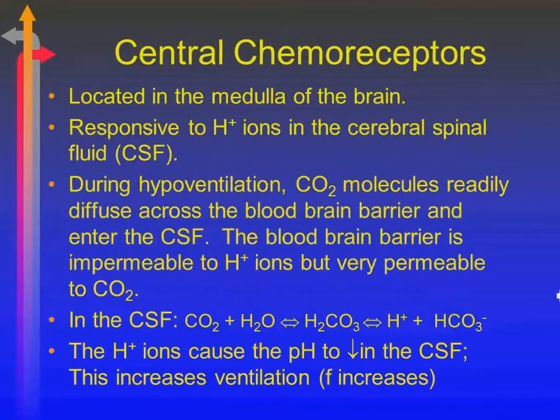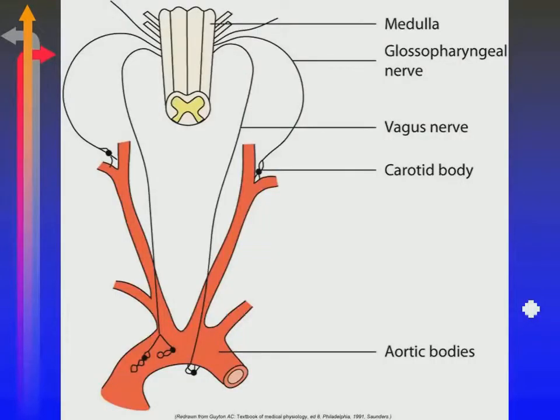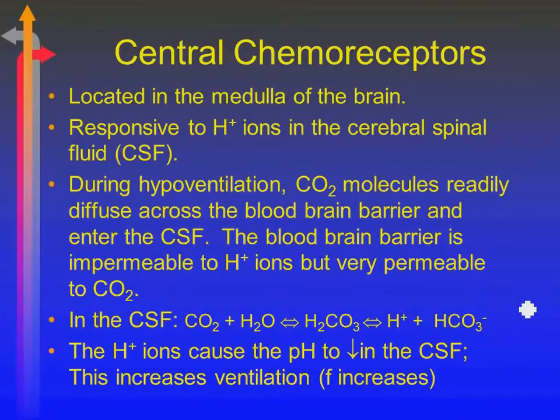Okay. So we talked about those peripheral chemoreceptors previously, and I'll come back and talk about them in a half a second. But there are some chemoreceptors that are in the medulla oblongata, and these are responsive to hydrogen ions.